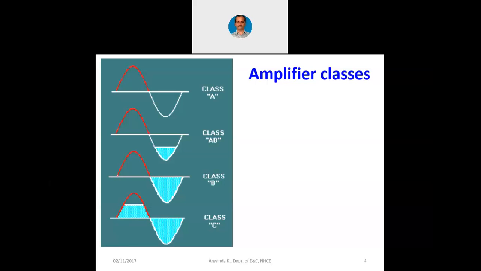So, remember, all audio amplifiers are class A, all radio amplifiers are class C. Class AB and class B can be utilized in other applications such as power electronics applications.